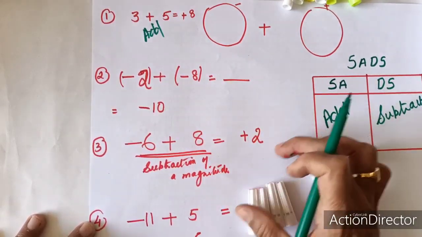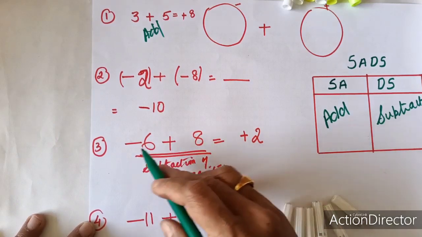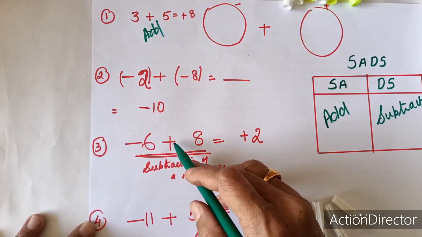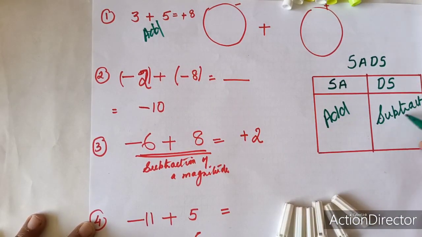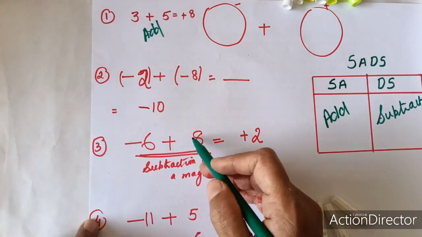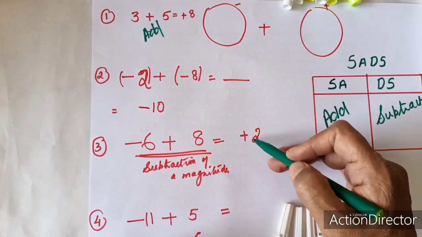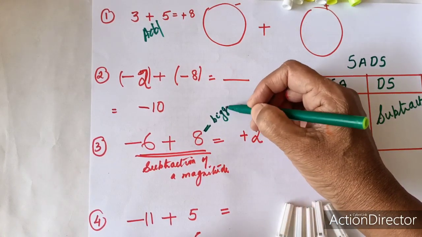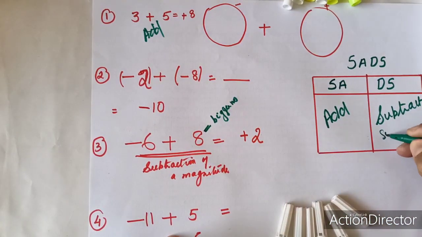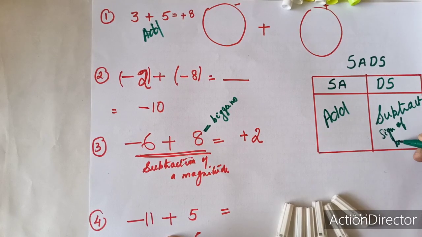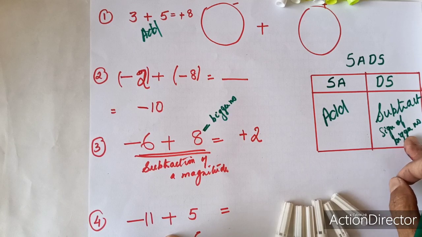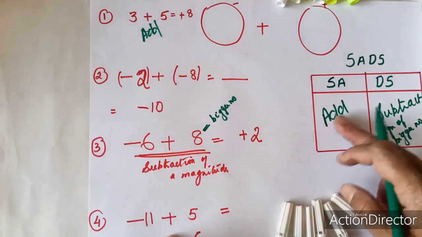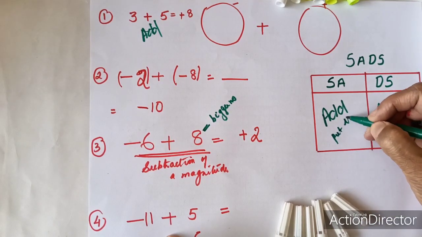Minus 10. And coming over here, different sign, minus and plus, the mixture I told. So different sign, subtract. So we subtracted 8 minus 6, 2. What will be the sign? The sign of the bigger number. So whenever you subtract, take the sign of the bigger number. If you remember these two rules, you can very easily understand. When you add, put the same sign.